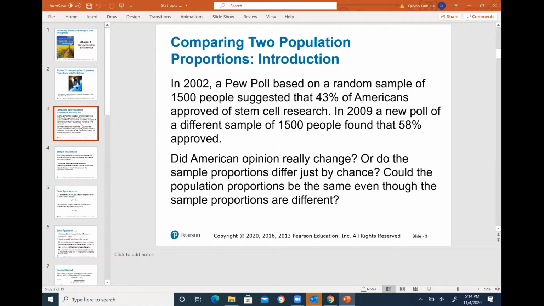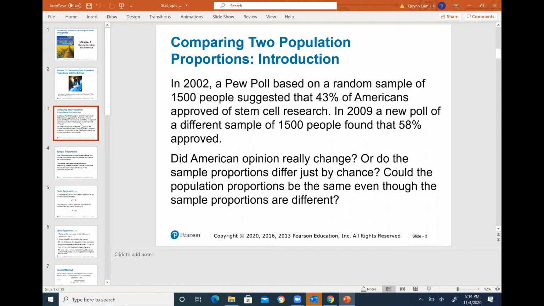We're talking about the introduction. In 2002, a Pew poll based on a random sample of 1,500 people suggested that 43% of Americans approve of stem cell research. So this is in 2002, and next will be 2009.